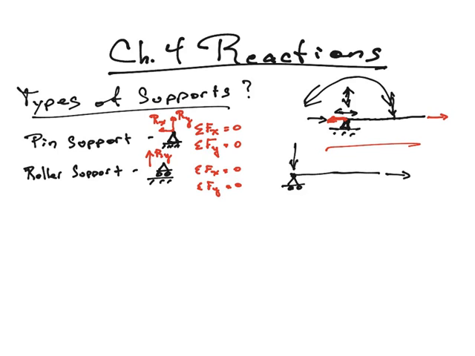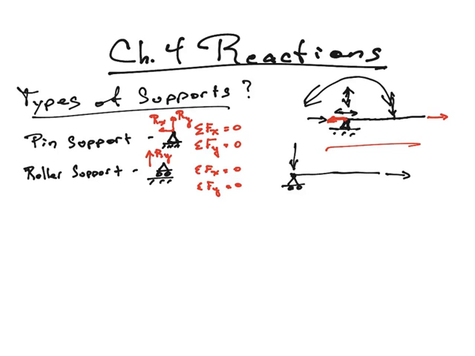So when you see a roller support, what you think of is whichever direction the rollers can roll in, you're not going to have a reaction in that direction. So for instance, in this one, we have the rollers horizontal, like it's on a flat table.